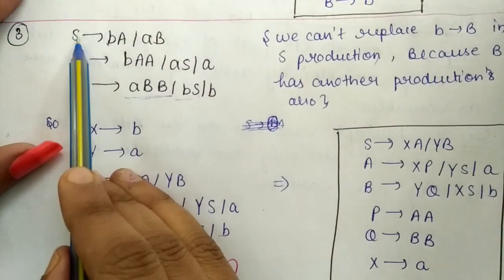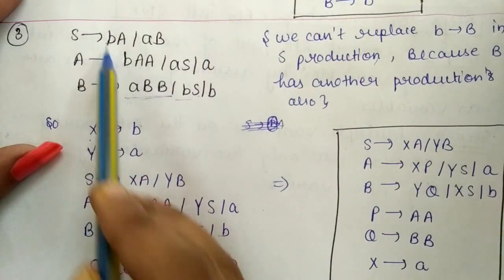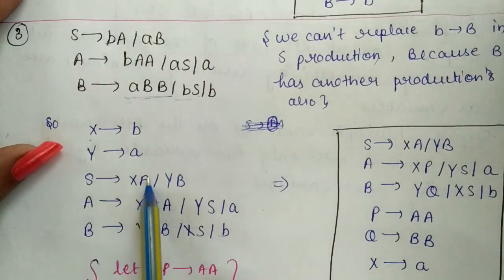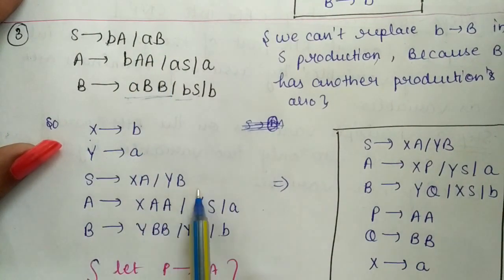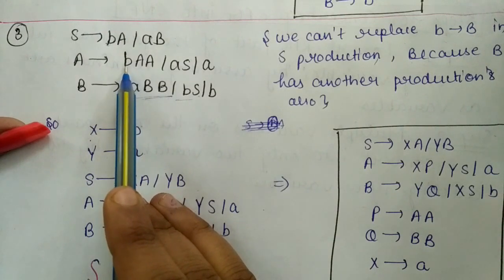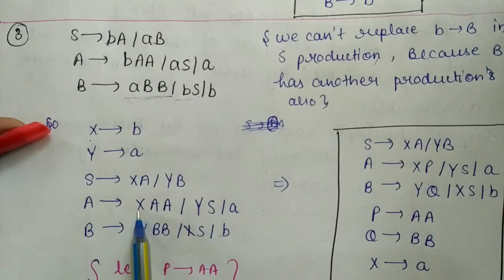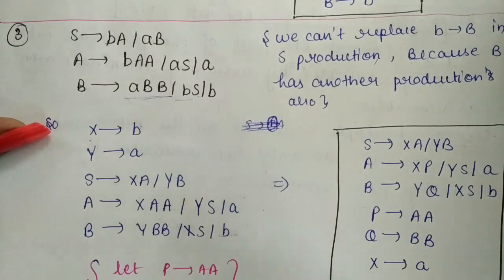Now in the starting symbol we have replaced this b by X, and then a, and I have replaced this a by Y, and then b. Wherever I have b and a, I am replacing them by X and Y. I am not replacing the terminal symbols because these are already in CNF form.